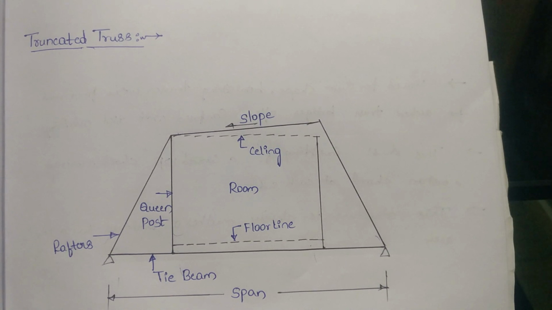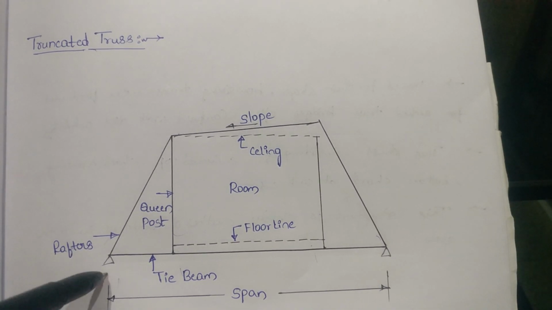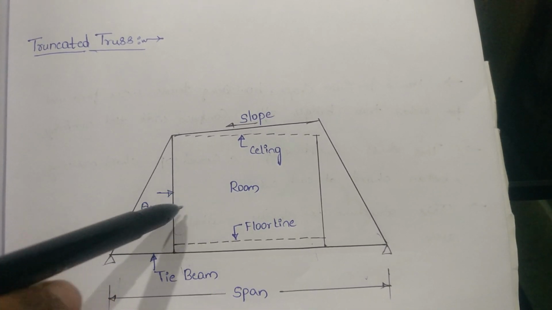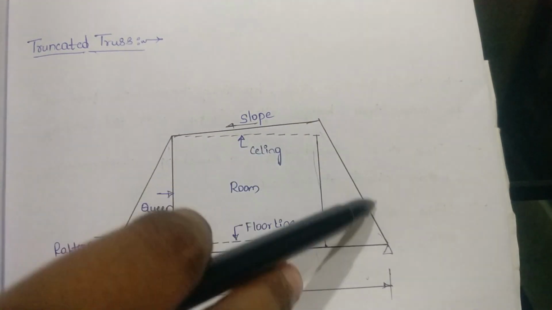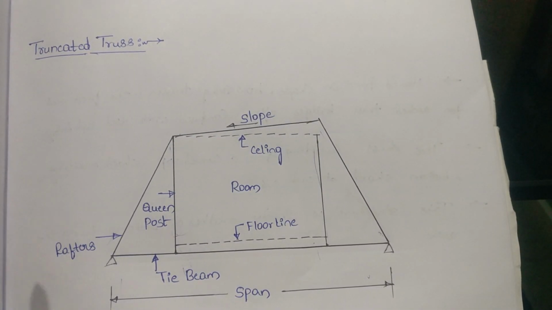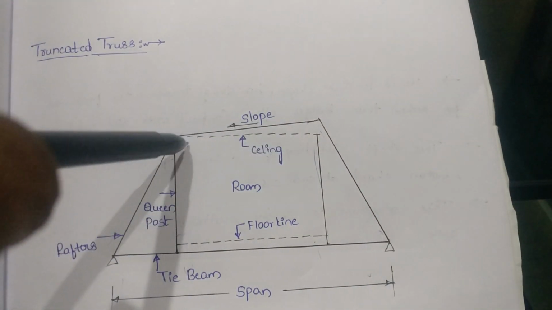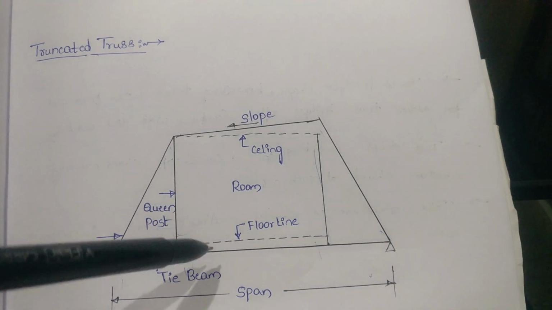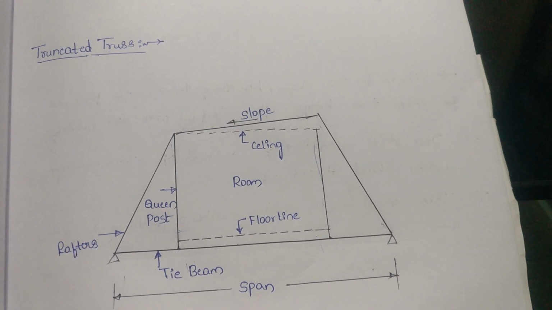The next one is the truncated truss. From here to here, this is the span, this is the tie beam, and these two are the queen posts. These diagonal members are rafters, and this is the room portion. Here the dashed line indicates the ceiling, this is the floor line, and this is the slope of the truss.